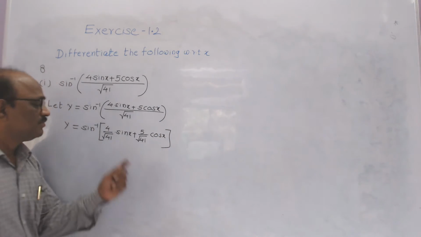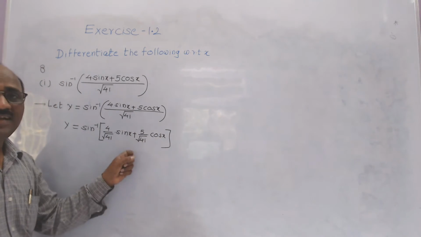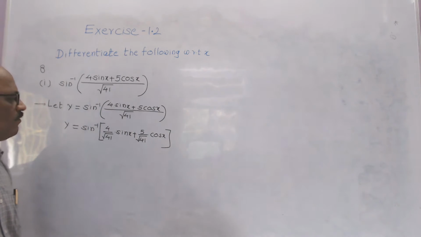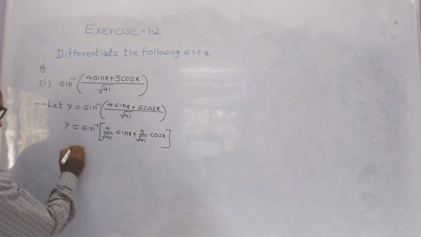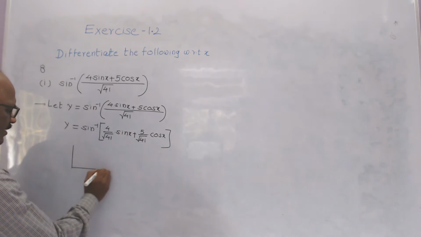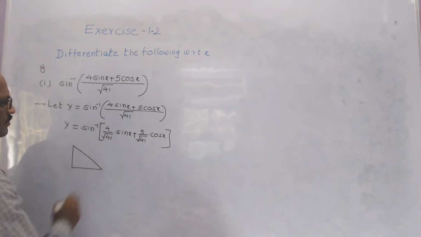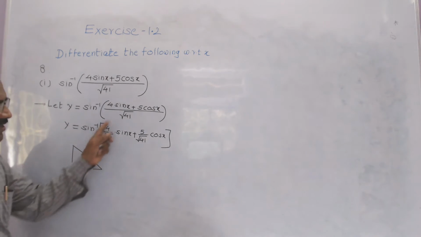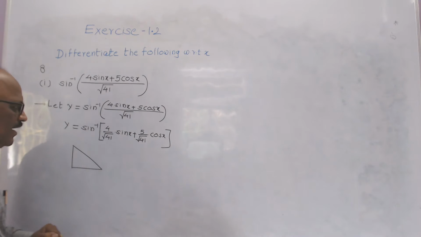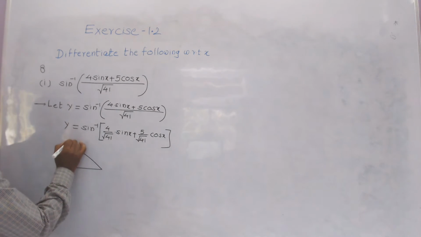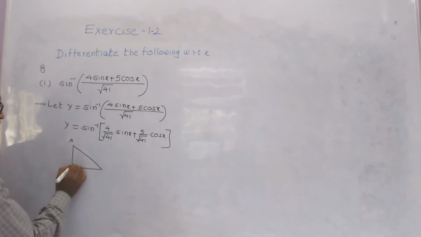Now here we will convert this total in terms of sine. For that we have to consider some things. Now consider this is a right angle triangle. This is nothing but the expansion of sin of a plus b, and for that I am considering here the triangle ABC.